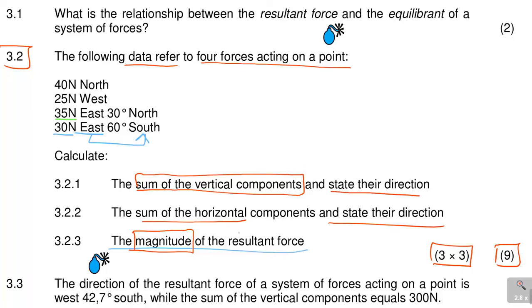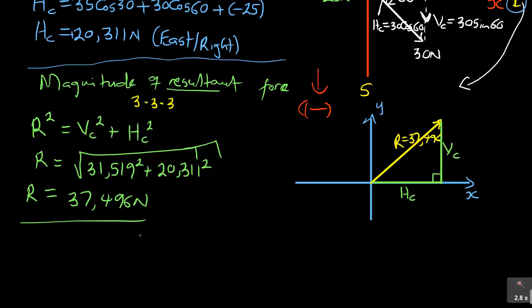Now in a way, most of the time they don't just leave it like that. They'll say the magnitude and direction. Now, because they didn't specify the direction, you can leave it like that, because a vector, remember, has got a magnitude as well as direction. But just how are you going to find the direction?